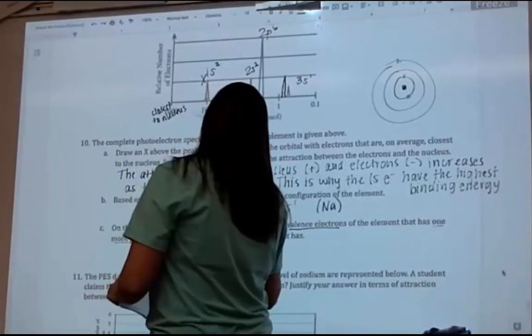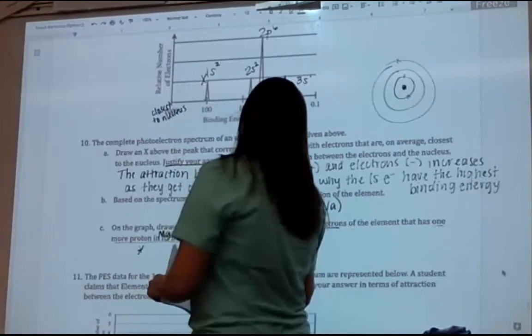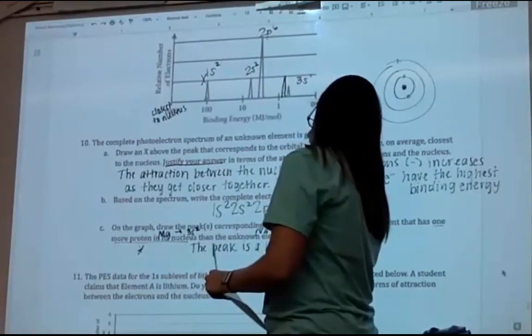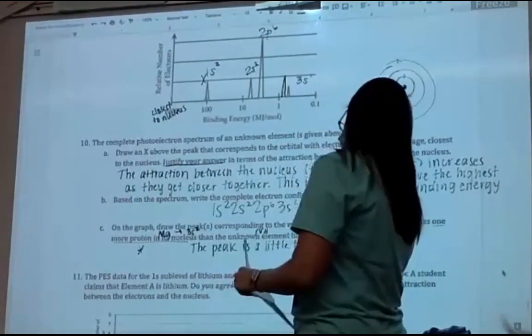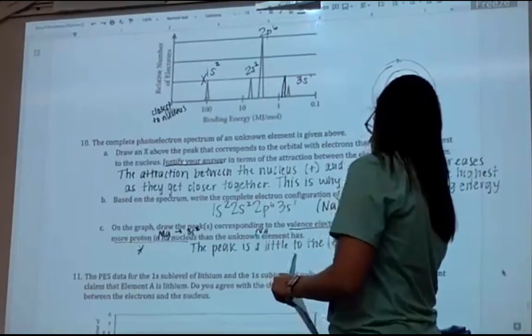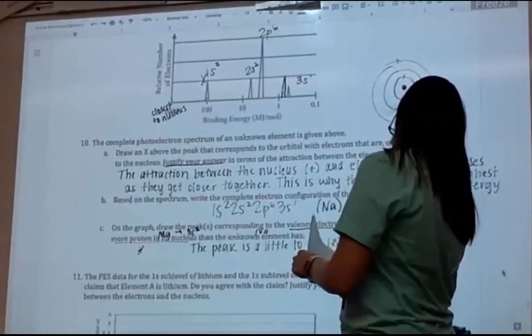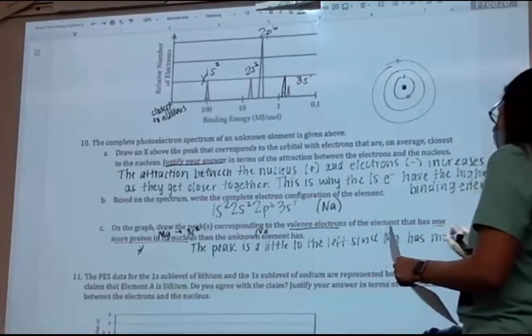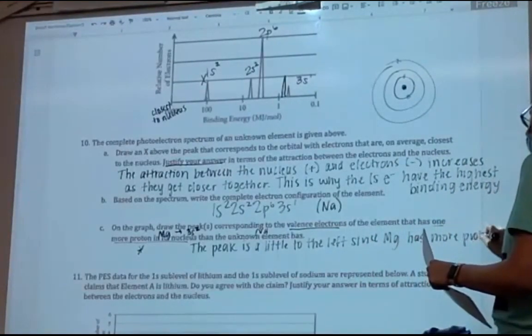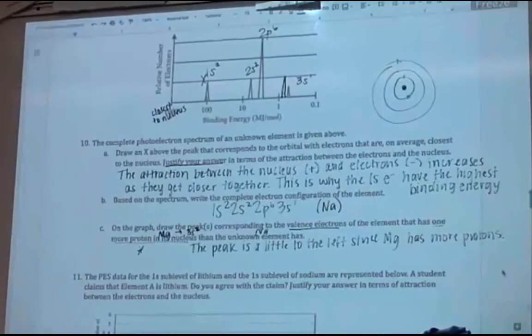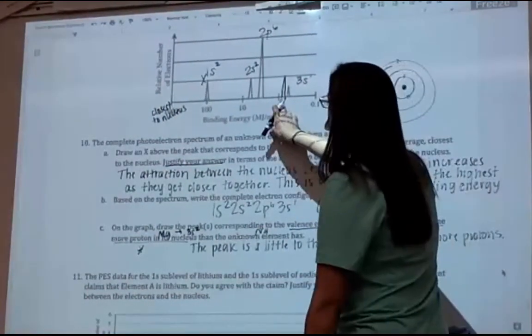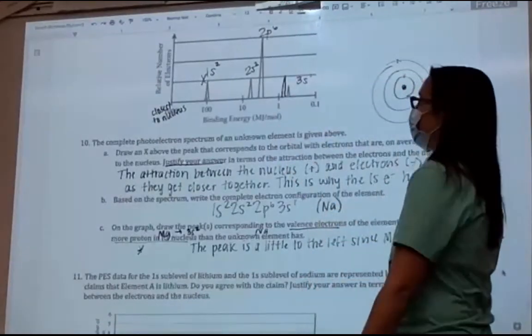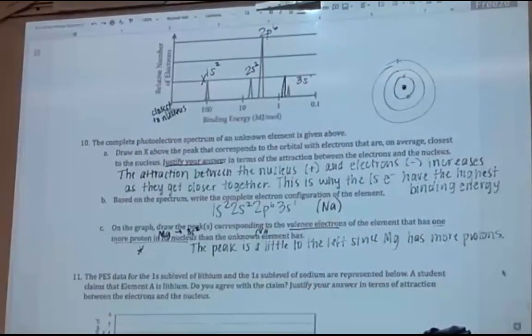I'm going to say the peak is a little to the left since magnesium has more protons. So the peak is actually a little bit to the left of sodium's 3s peak because magnesium has one more proton.